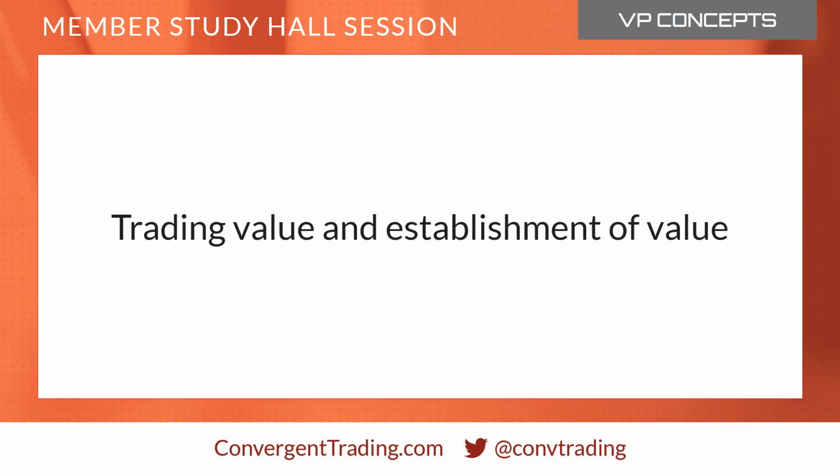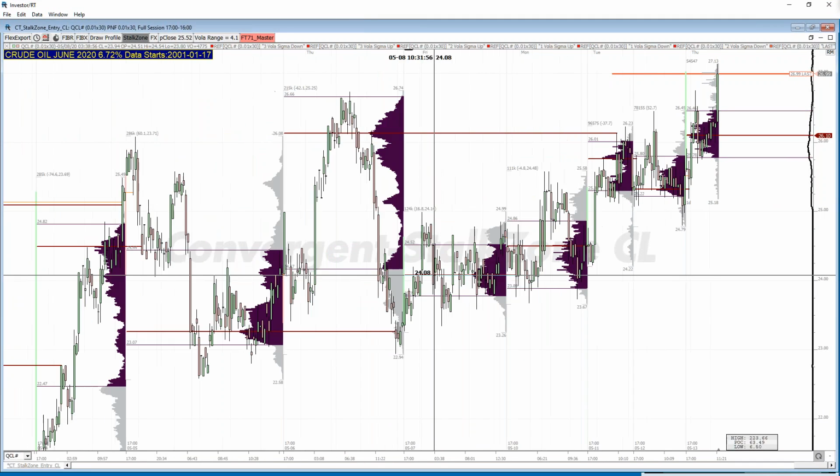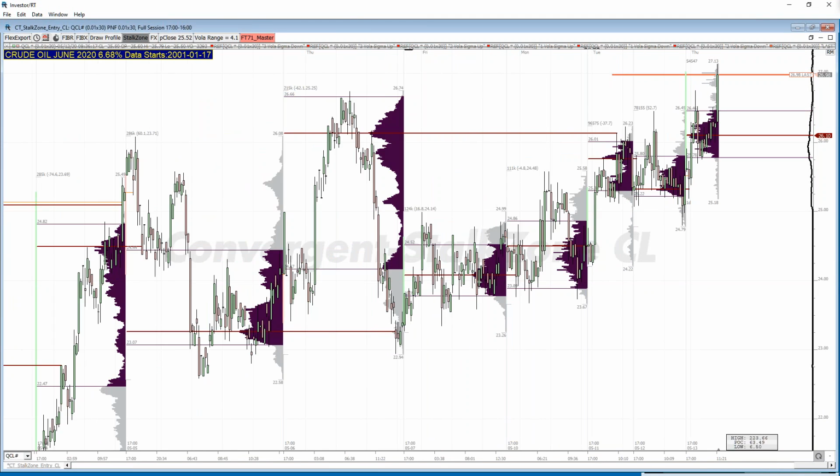Trading value and establishment of value. It's really important to understand, as one of the concepts I'd like to cover initially, that we don't just believe what the computer spits out as a line on our chart.